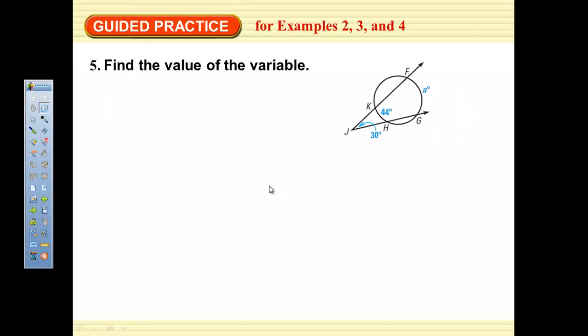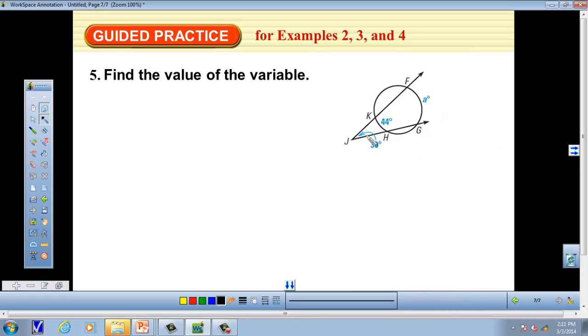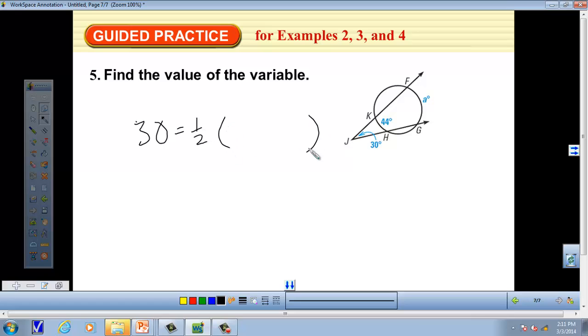Okay. And here's another one where it's outside this time. And again, the angle isn't the variable here, but we know this is 44 degrees, and we know this is A, so we can say that 30 degrees, which is this angle, is 1/2 the difference of those two arcs. So FG minus KH. In this case, A minus 44.